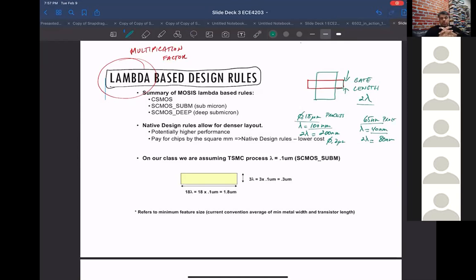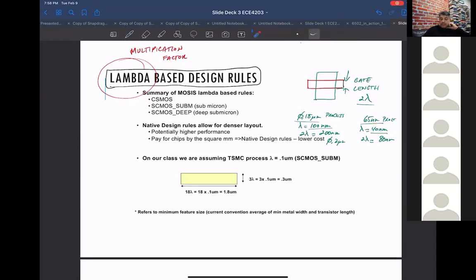Well, it served its purpose when the processes were older, for research and university stuff. Now, we have this in our class because we're a university, but you just do not see this in the industry. You're just giving away performance. To get lambda-based design rules, I made lambda 100 nanometers here and 40 nanometers here.